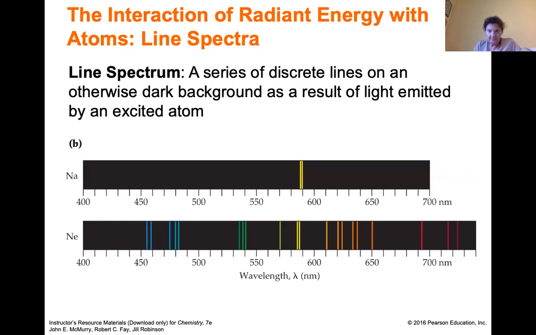And so what happens is the experiments show at this time that atoms give off characteristic colors of light. So a line spectrum is a series of discrete lines on an otherwise dark background as a result of a light emitted by an excited atom.